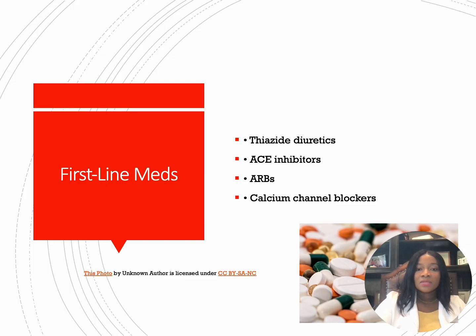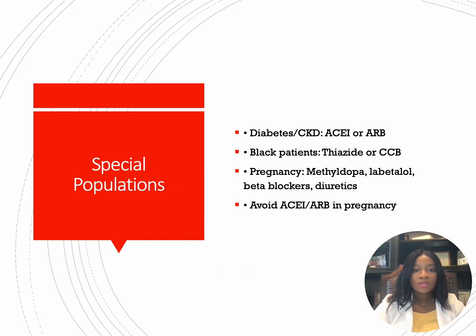And remember that beta blockers are not first line unless there's another indication like heart failure or post MI. If you see uncomplicated hypertension, take one of these four classes of medication. On this slide, you really need to know this information for your exam and also when you're practicing as a nurse practitioner. So this is a high yield exam slide.